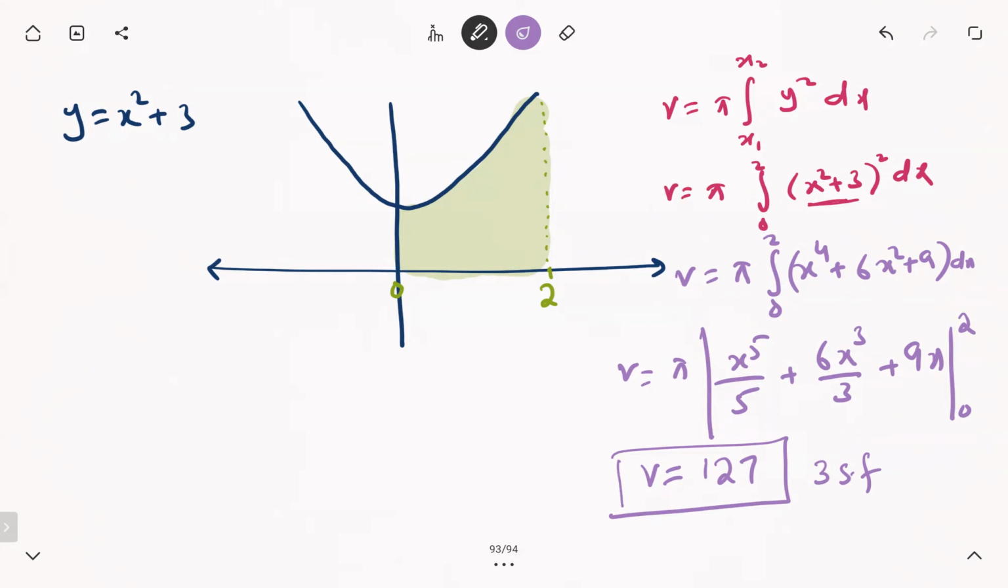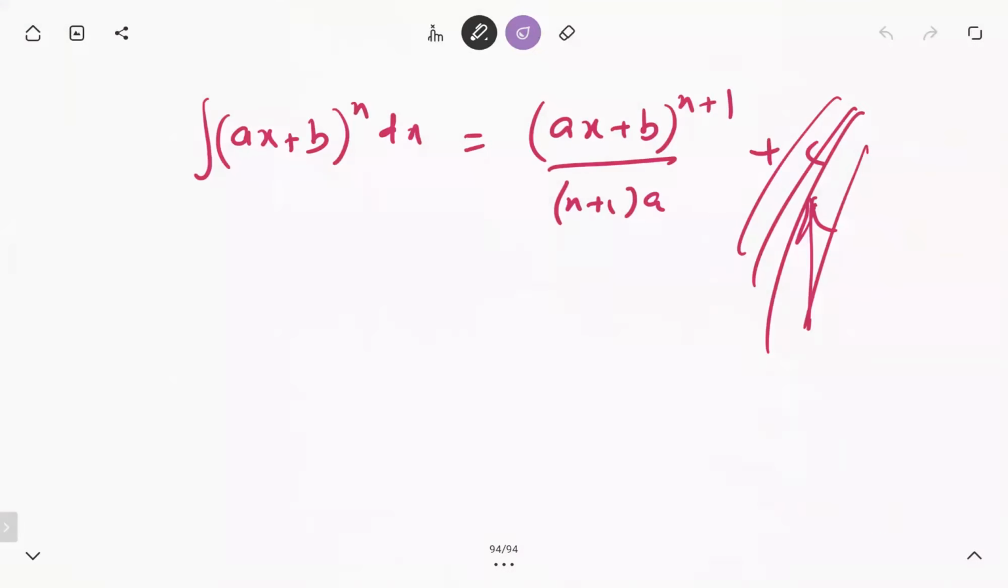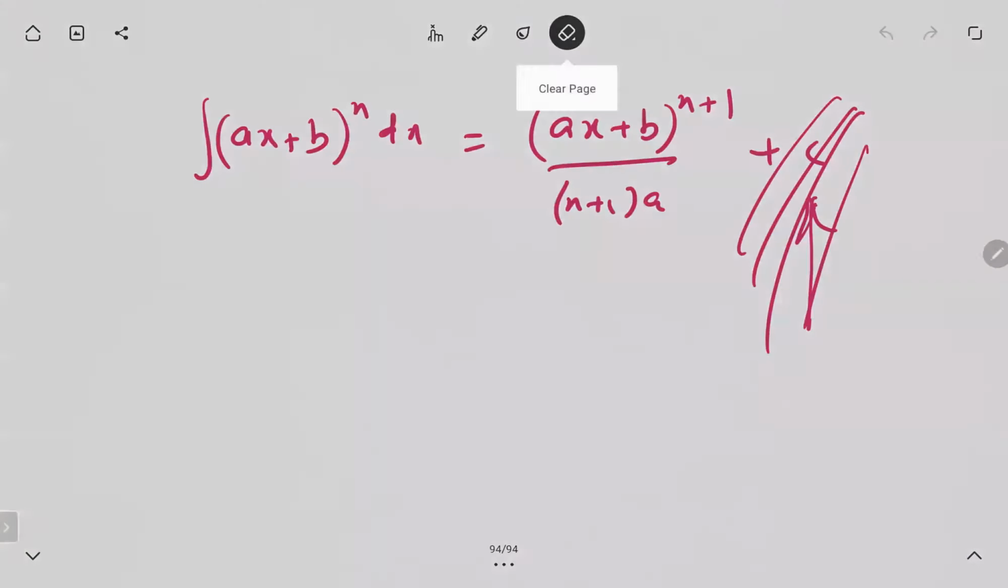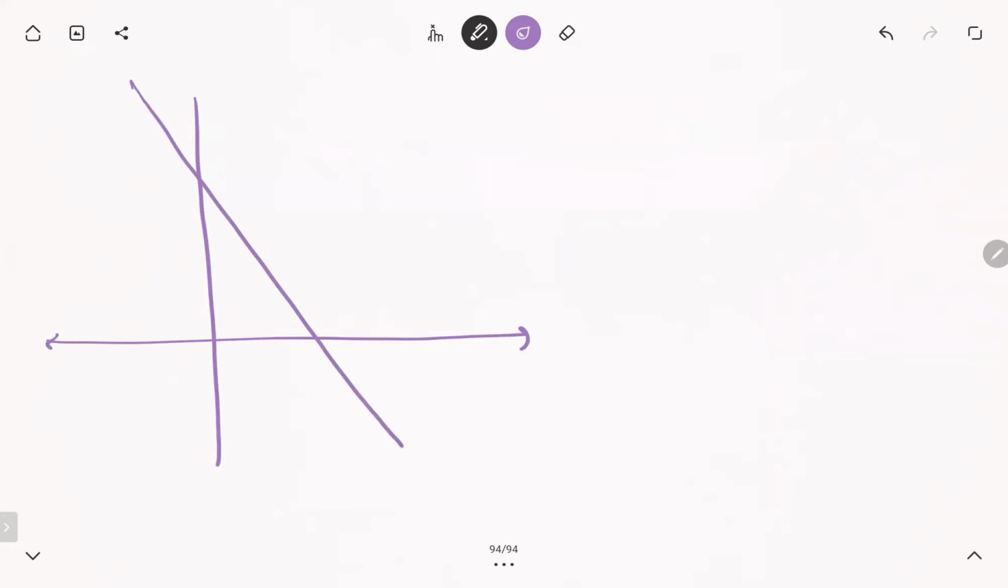Okay, next case. We need to see the other case, if the curve or line is rotated about y-axis. See here, the question is: see this line, this point is 0.